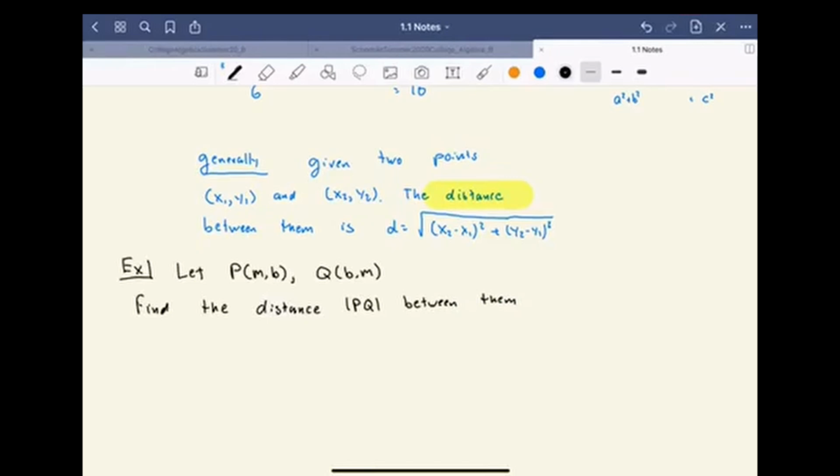Okay, now, well, D is going to be the square root. Now, how far are M and B apart from each other? Well, any 2 points on a line, M and B, you just take the difference of them to find how far apart they are.